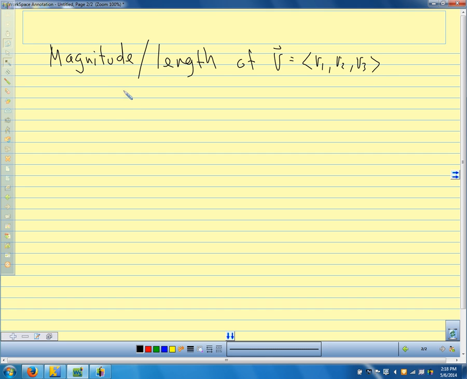For the magnitude, we write double bars around it: the square root of v1 squared plus v2 squared plus v3 squared. And this is exactly the distance formula. We're just finding the length of the vector, the distance between the endpoints of the vector.